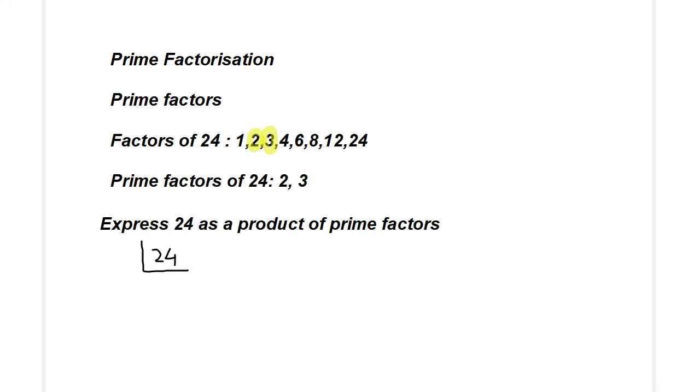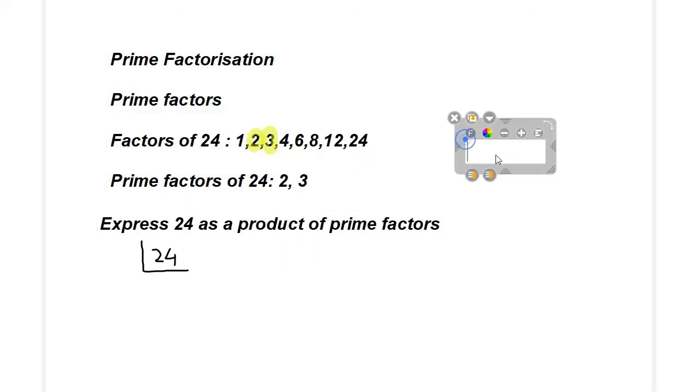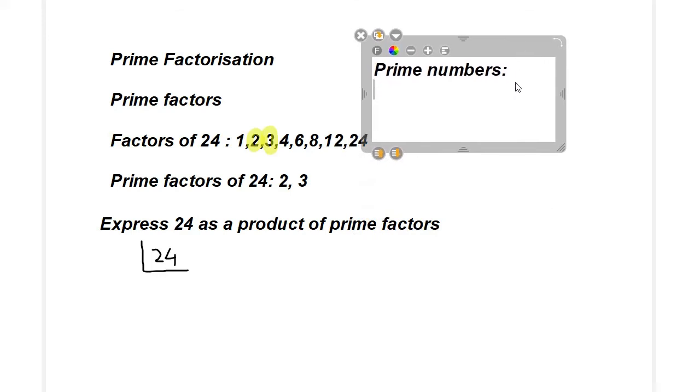If you don't recall what prime numbers are, let me write here. Prime numbers can be 2, 3, 5, 7, and so on.